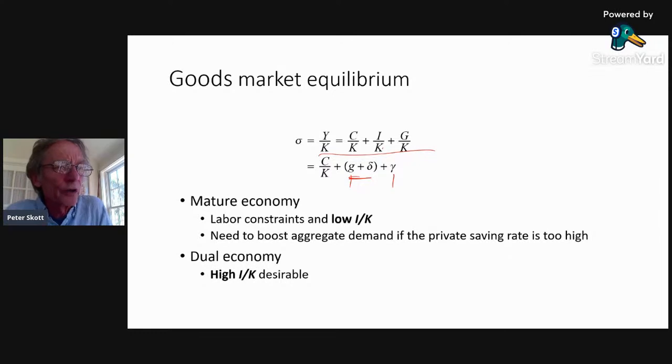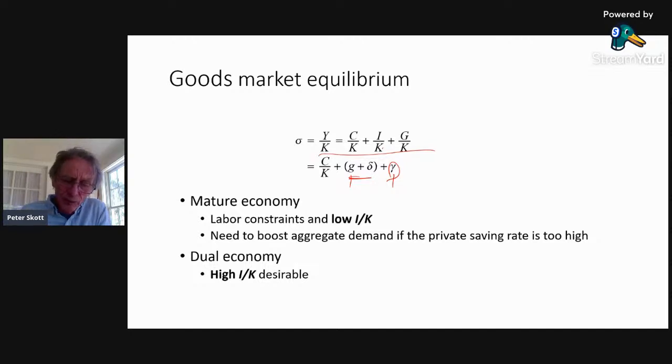I'll assume that somehow we have made a decision on the appropriate size of the government sector, on the appropriate size of spending carried out on consumption of goods and services. That has been decided. I don't think we should decide how many police officers we have based on aggregate demand issues, basically. So gamma will be treated basically as a constant that we have determined in one way or another.